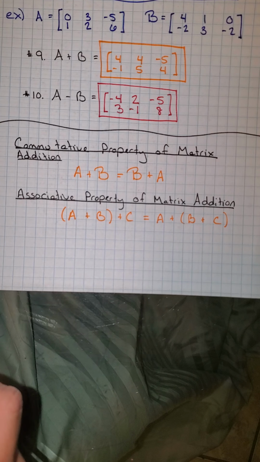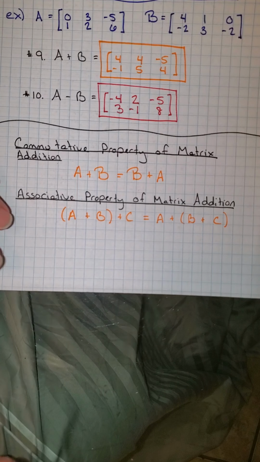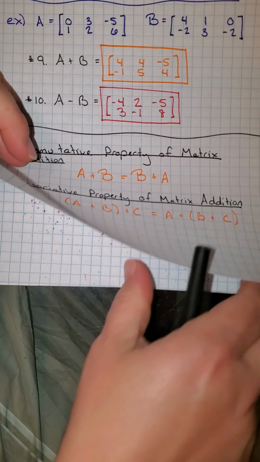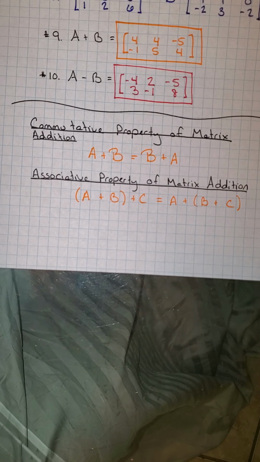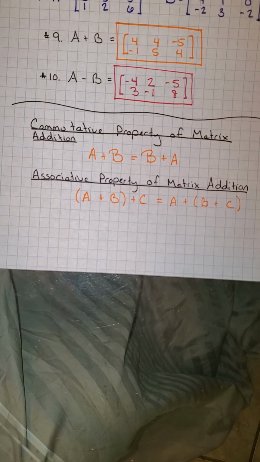Okay. Then before we get to the next one, we'll talk about the zero matrix. Zero matrix is pretty much exactly what it says. It's a matrix of all zeros.